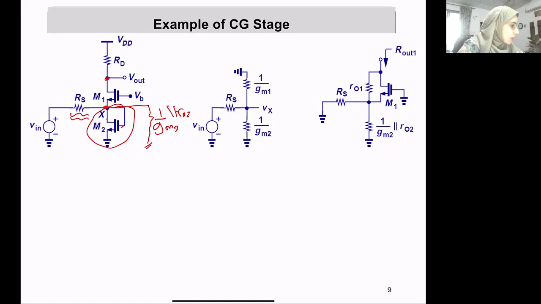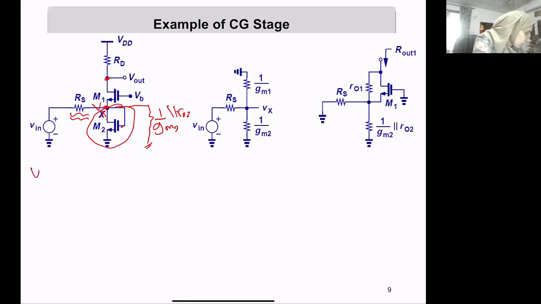Okay, so now the circuit will look as if there was a resistor down having the value of 1 over gm2 in parallel with R out 2. Now again, since not entirely Vn is reaching the source of the amplifier, only a portion of it, we need to name this node Vn.